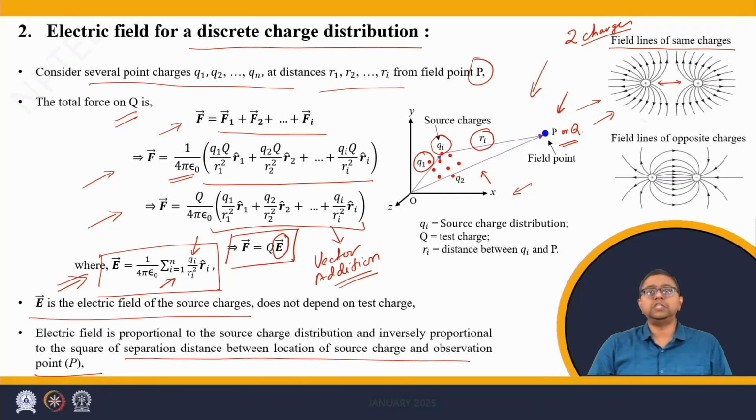Now, suppose the charges are of opposite sign. We can see the dramatic change in the geometric representation of the field lines.